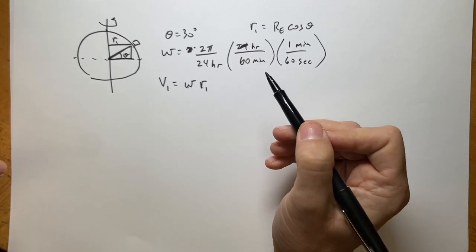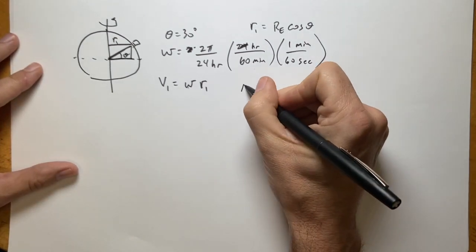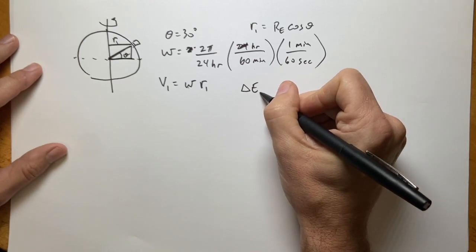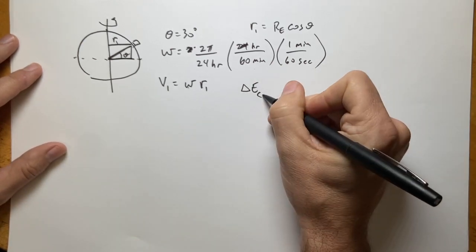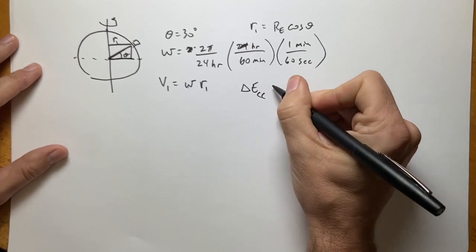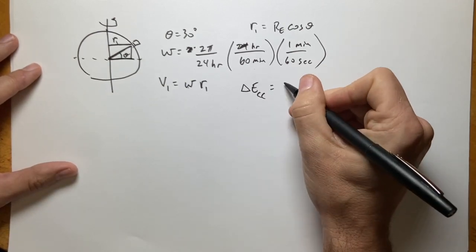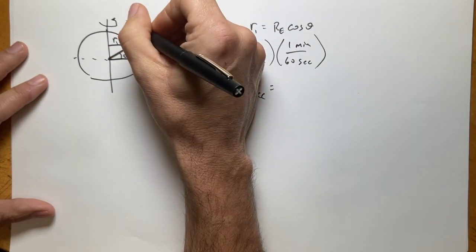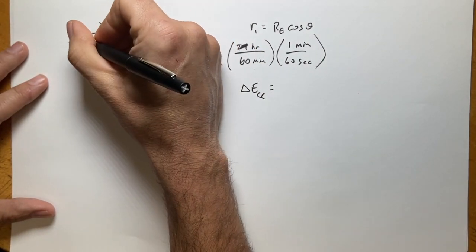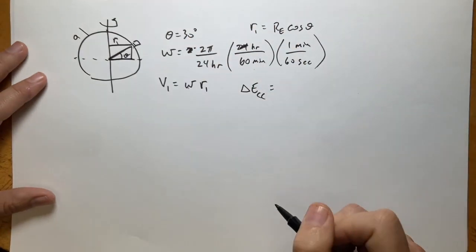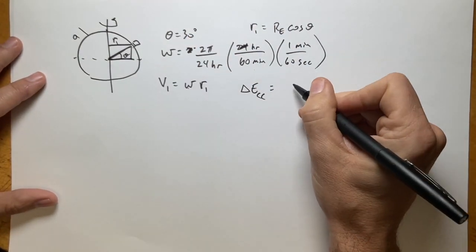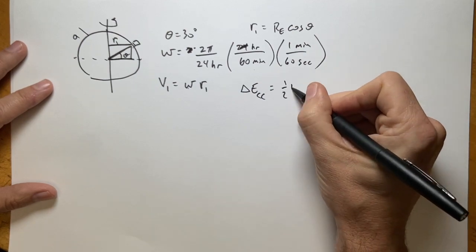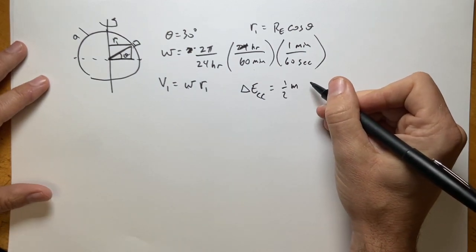Okay, so then from that I can say delta E, let's call it Cape Canaveral, CC. It's going to be equal to the change in kinetic energy, and I'll call my low Earth orbit A. Yeah, let's do that. So I get my change in kinetic energy, which is my final 1/2 m v squared.